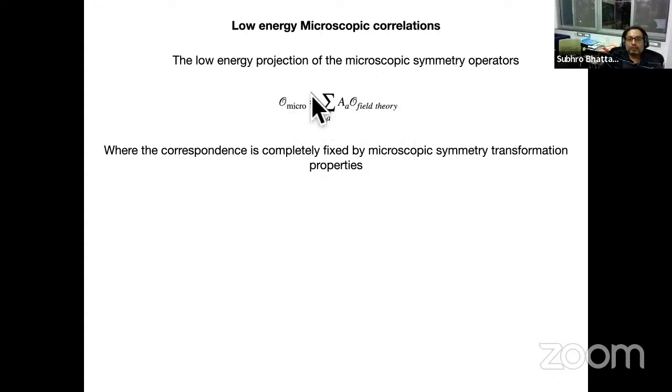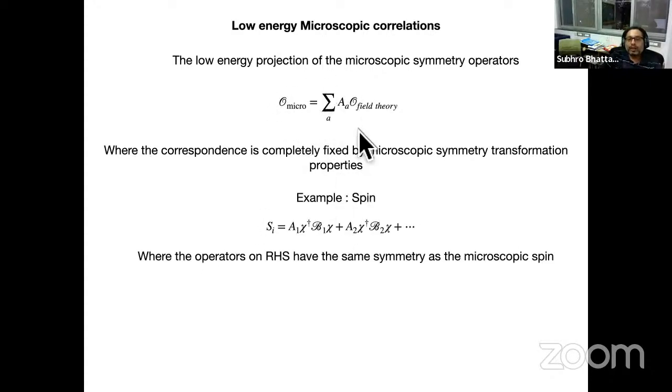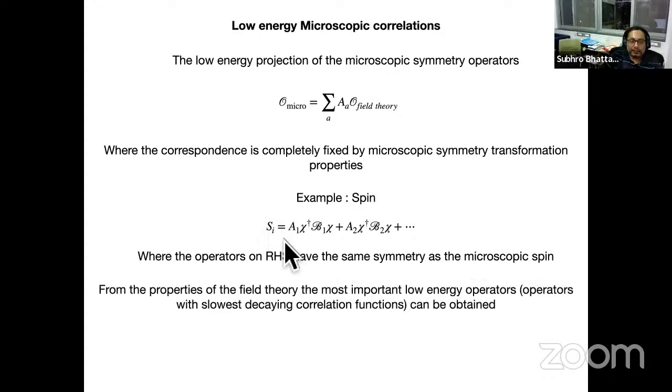This correspondence basically means that a microscopic operator like spin has the same symmetry transformation properties as some of the field theory operators that we can define at the low energy level. So if I look at these operators in the field theory, I would be able to construct the appropriate microscopic operators and understand their properties in the low energy limit.